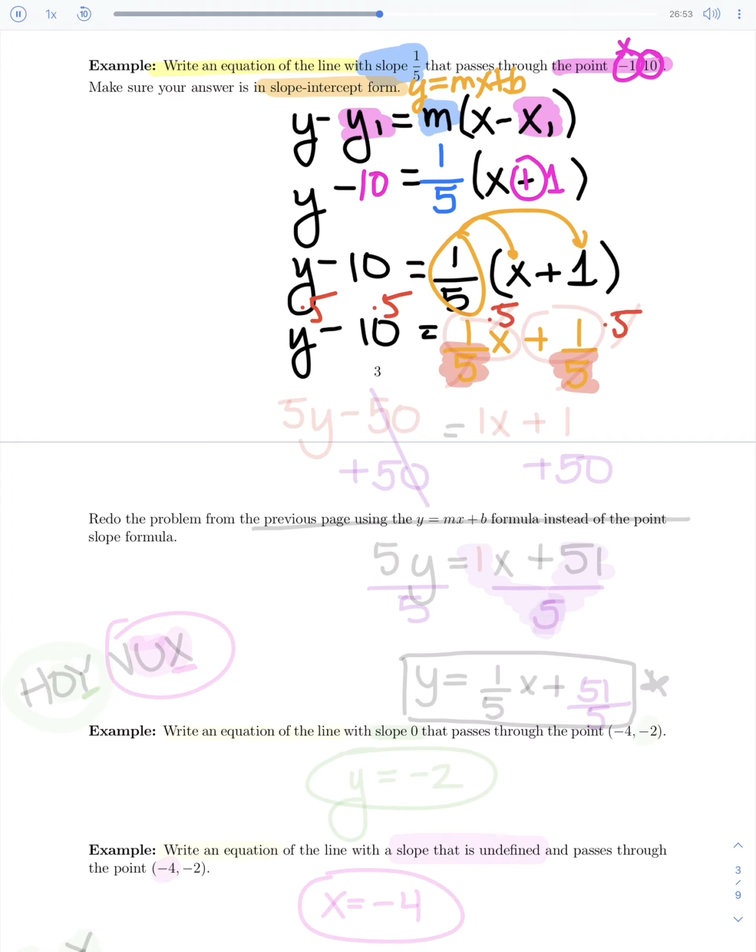They'll come back at the end, but it won't be a big deal. So what will happen here is I'll end up with 5y minus 50 equals, on the right-hand side, since we multiplied by 5 to get rid of the fraction, that will just give us 1x plus 1.